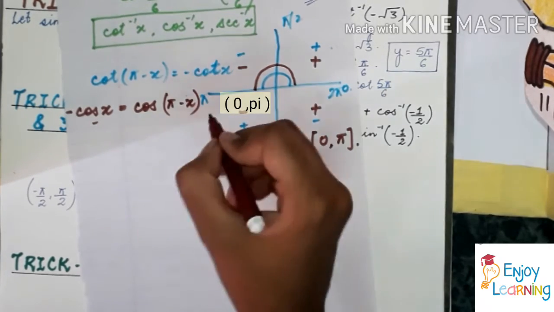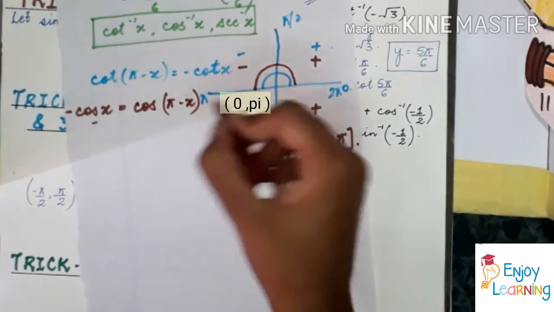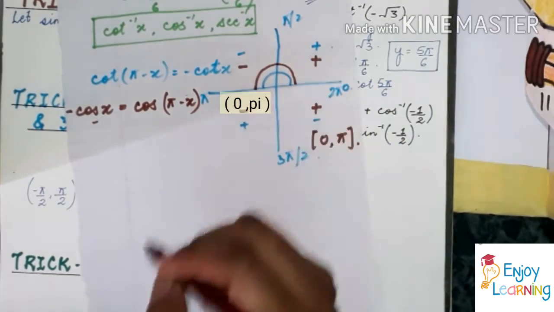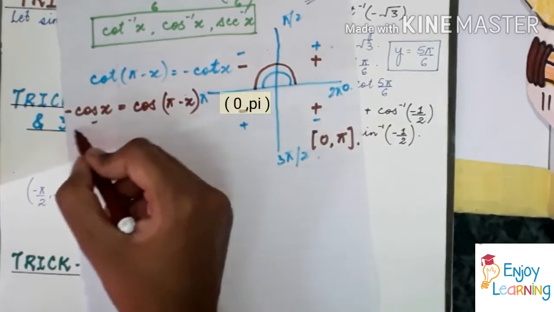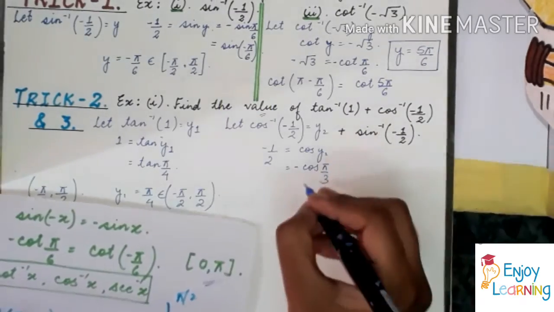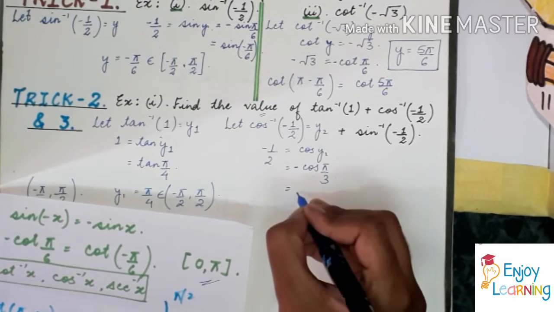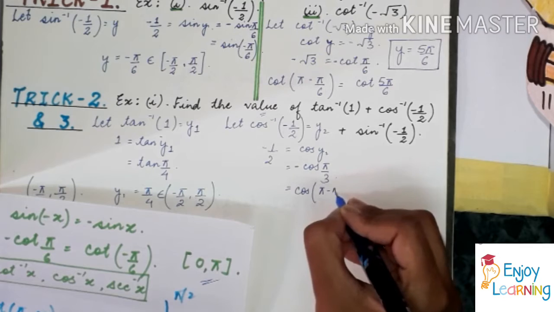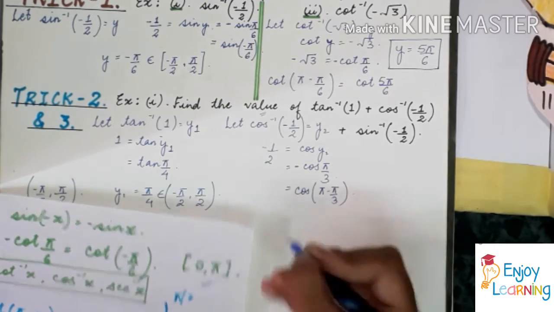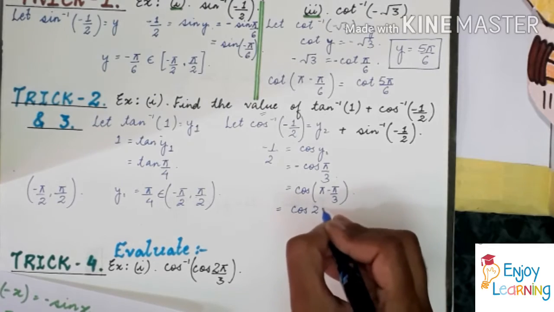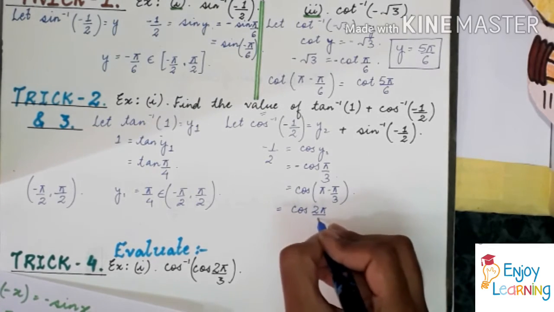Pi minus x means it will be the angle in the second quadrant, pi minus something. So cos is negative in the second quadrant. So in place of minus cos pi by 3, you can write cos pi minus pi by 3. It is cos 2 pi by 3.